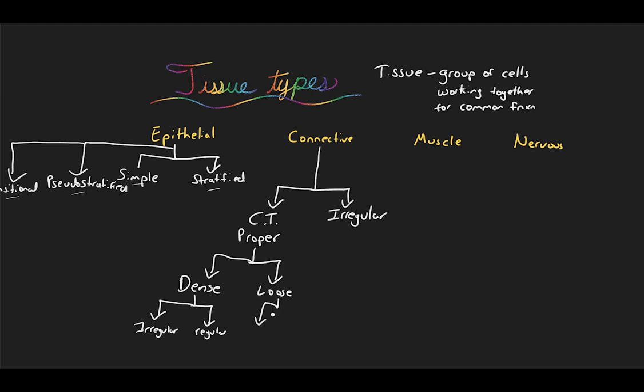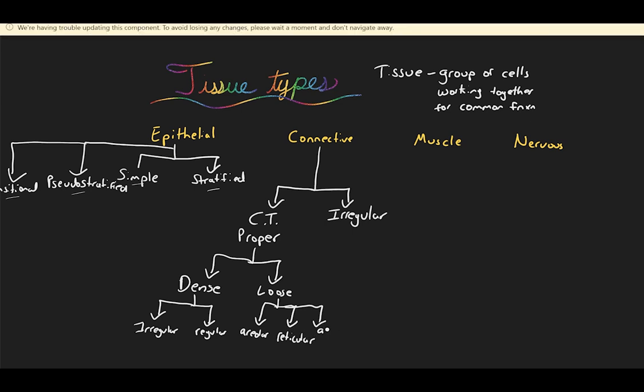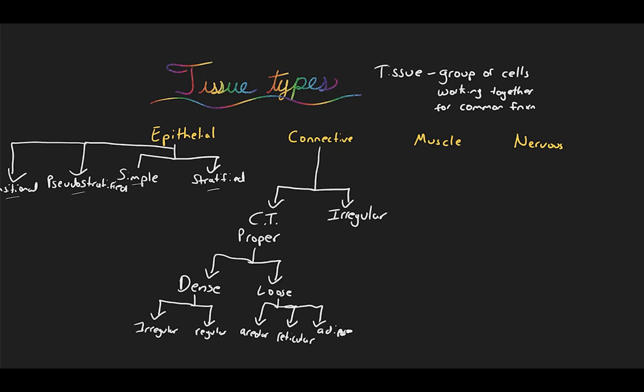In loose, there are three main types of loose connective tissue: areolar, reticular, and adipose tissue. Then our irregular connective tissues are going to be cartilage, bone, and then one fluid connective tissue, which is blood.